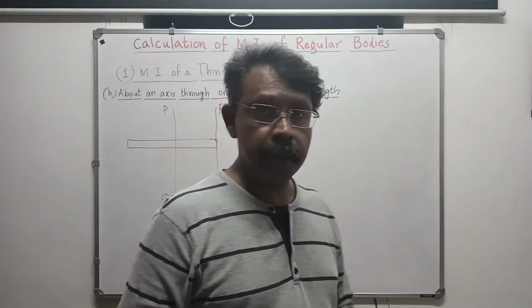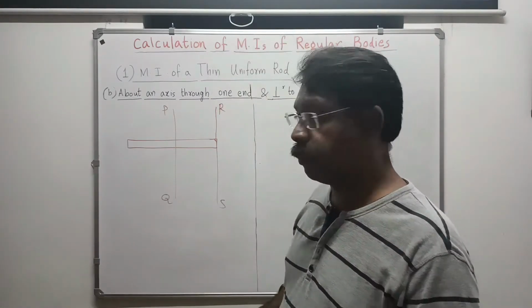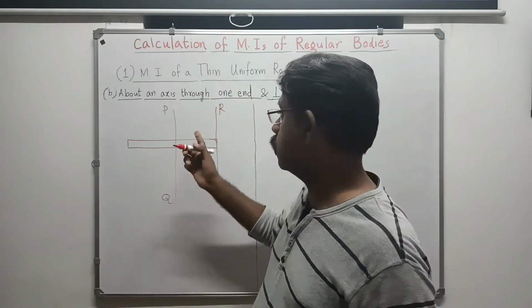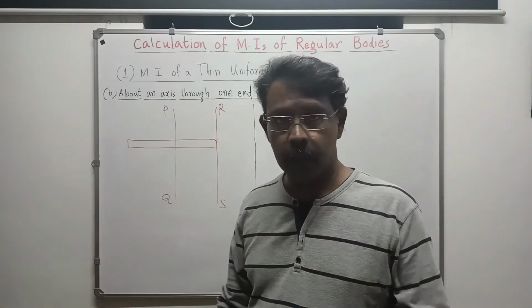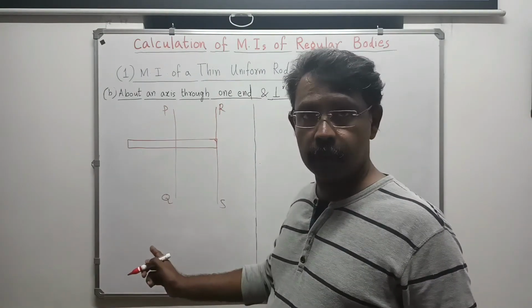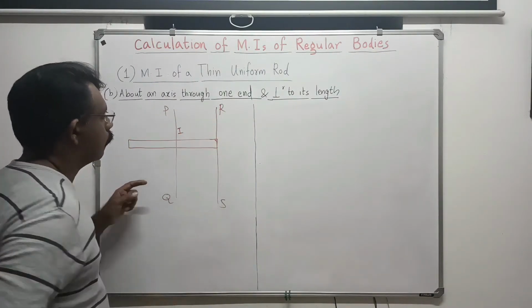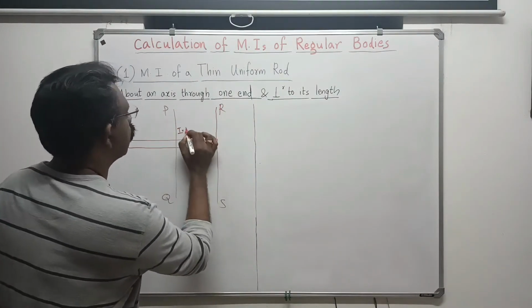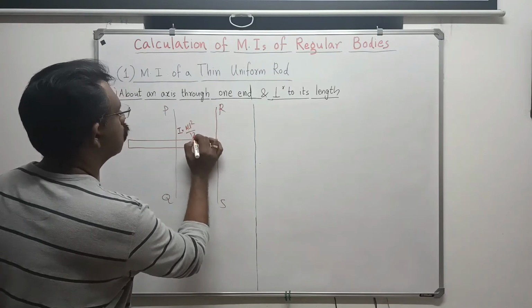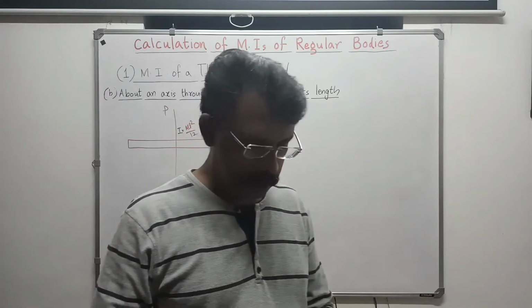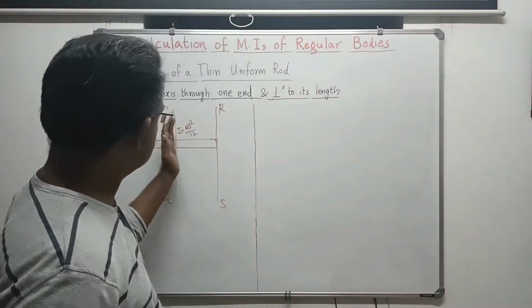So you know already PQ. The moment of inertia of this rod about this axis we have already derived, that is I is equal to ml squared by 12. So this can be found out.